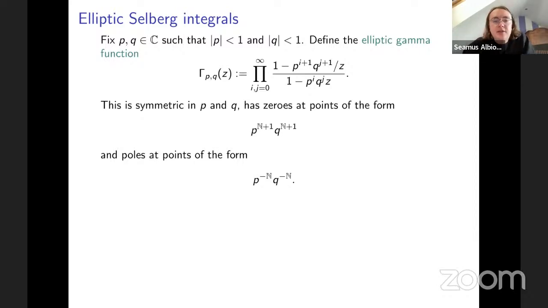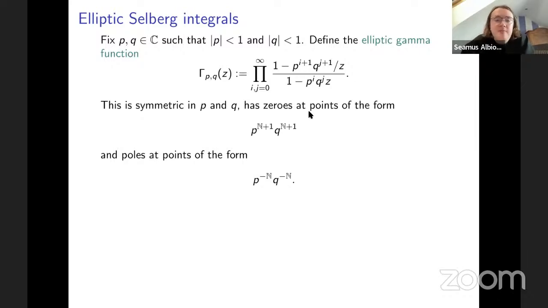Okay. So this is all based on the theory of elliptic hypergeometric functions. We have the elliptic gamma function. This was defined by Ruijsenaars in the 90s, and it has a slightly simpler definition than the usual gamma function, which is just this nice infinite product.